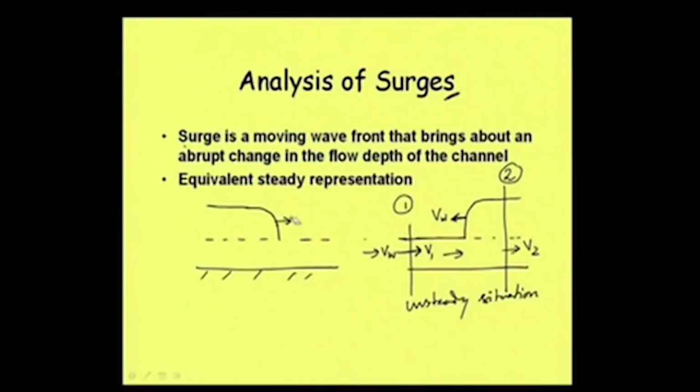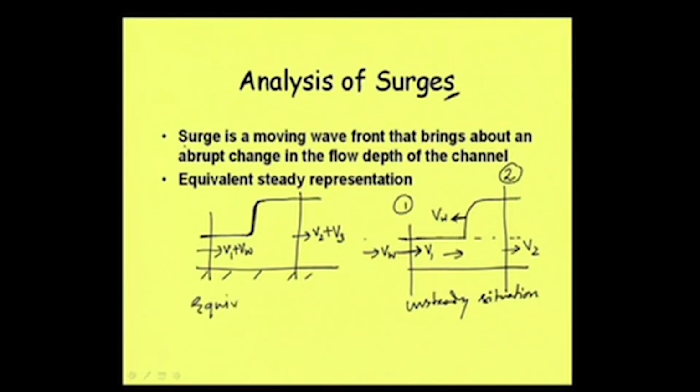Well, so let us represent this and let us see how we can derive. Okay, I now have this portion, and this equivalent steady state position we can draw here. So, it will be like this. Now, here the velocity will be v1 plus vw, and here the velocity will be v2 plus vw, and of course, there will not be any velocity of the wave, it is not moving rather. So, this is basically the equivalent steady situation.